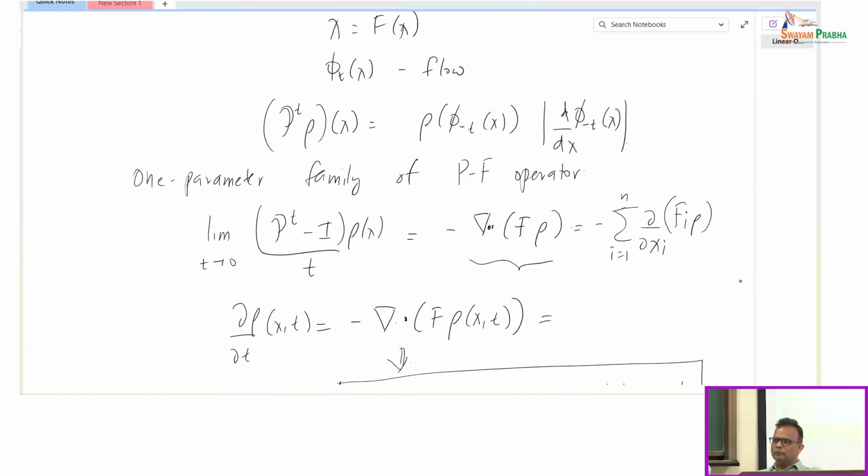Make sense? So the Perron-Frobenius operator for that system will have two delta distributions, one concentrated on one of the stable equilibrium points, and the second concentrated at the second equilibrium point. And then that Perron-Frobenius operator will have two eigenvalues 1, telling you that it has two steady state distributions.